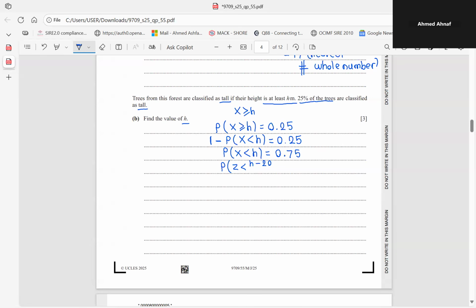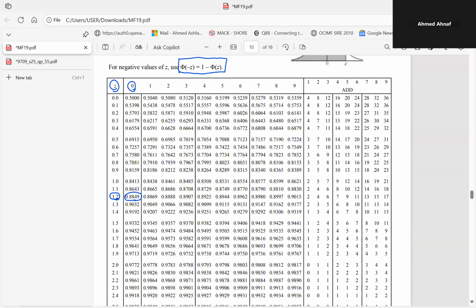And then the standard deviation is 5, equals 0.75. We can write this as a function of phi: phi of (h minus 20) over 5 equals 0.75. To find out what the function inside phi is, h minus 20 over 5, we can use the normal distribution tables in reverse.